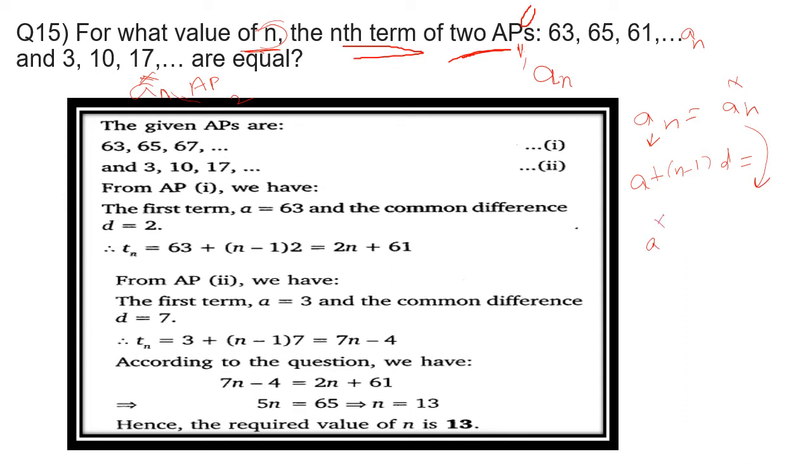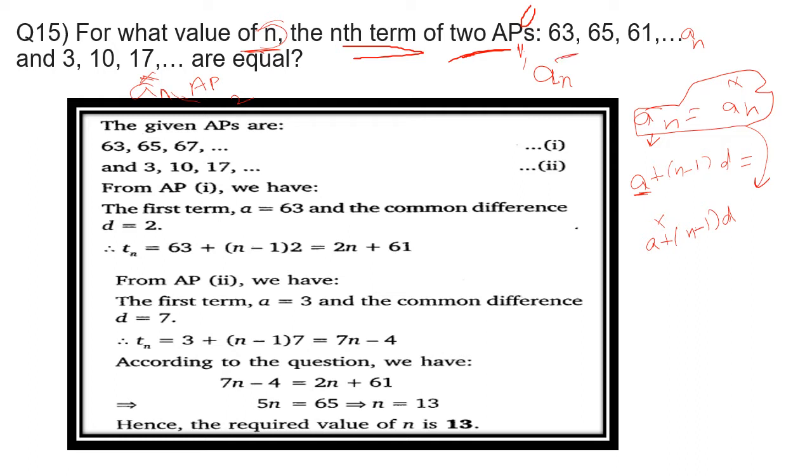This will be a star n equals a star plus (n minus 1) d. So I have taken the first term, and the nth terms should be equal.